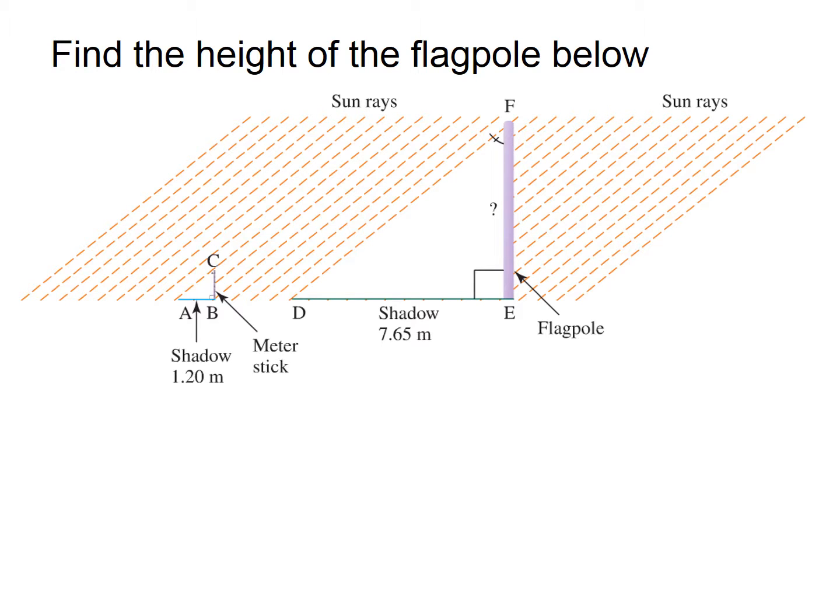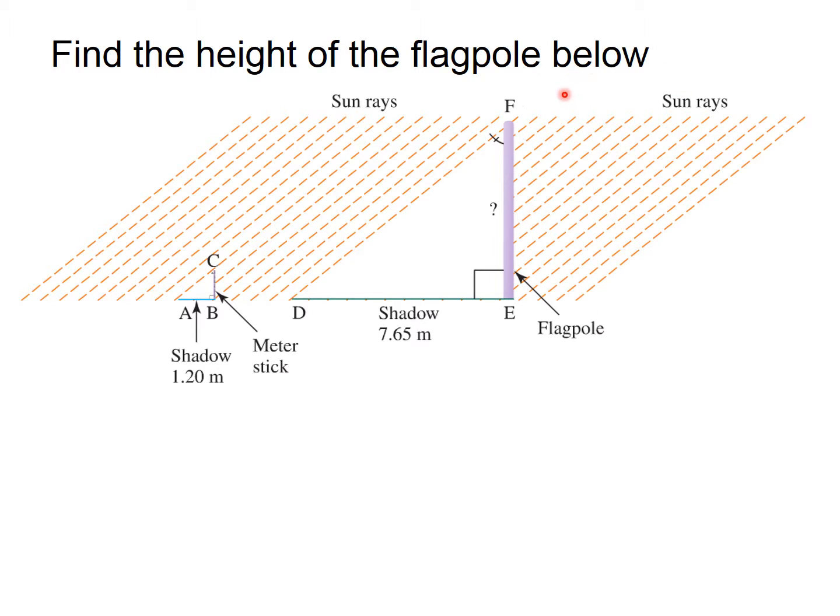So let's look at an application of this idea that parallel lines often lead to similar triangles. Let's find the height of the flagpole in the figure below. We've got a flagpole sticking in the ground, and we'd like to determine its height. We've got the sun shining down, and this sunlight we can represent by these rays that form a lot of parallel lines.